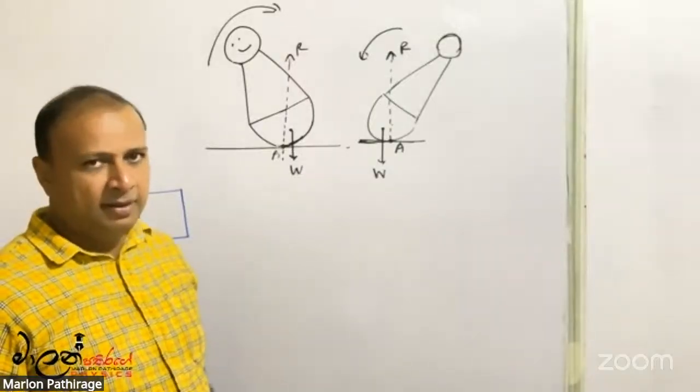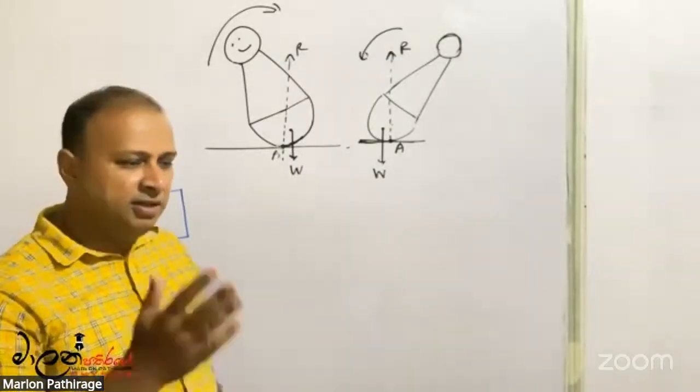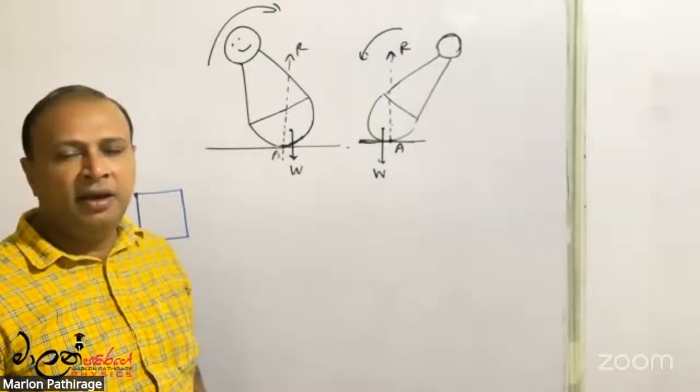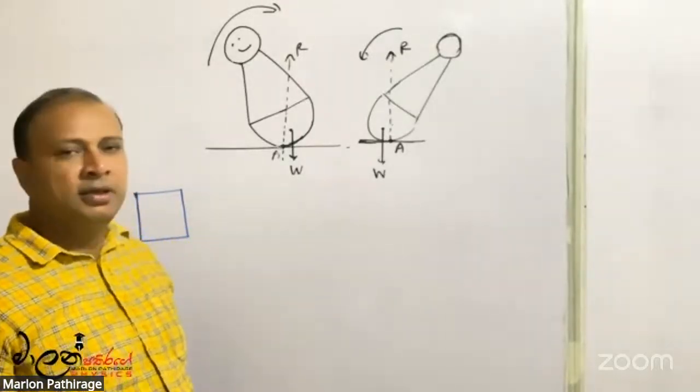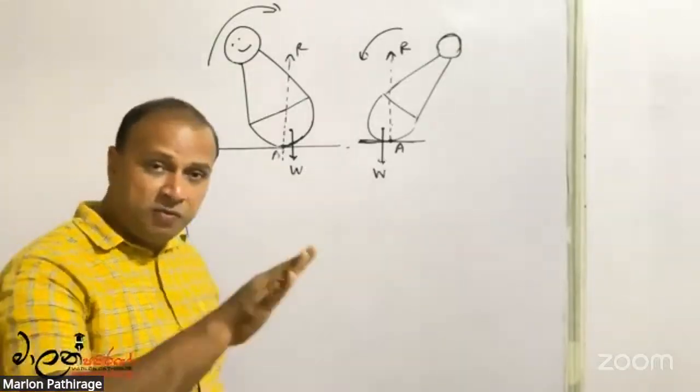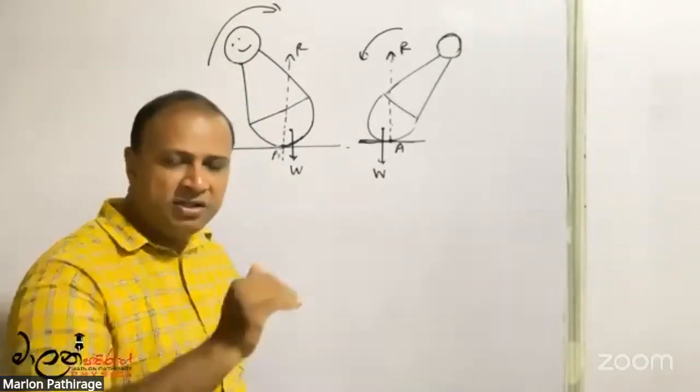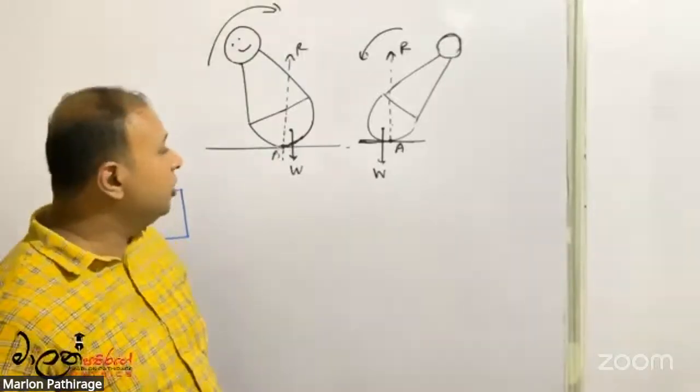If the object is in vertical position, then R and W are on the same vertical line. That is no issue. But if it is rotated into a certain direction, then they cannot be on the same vertical line.